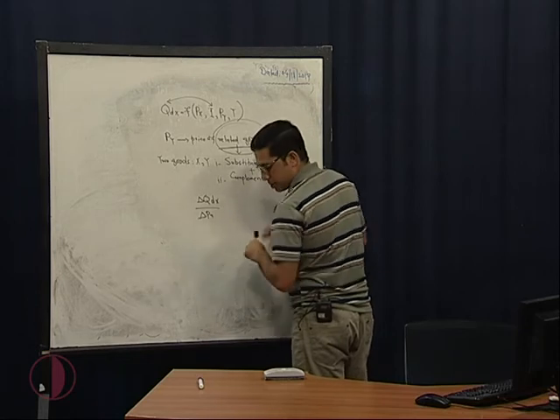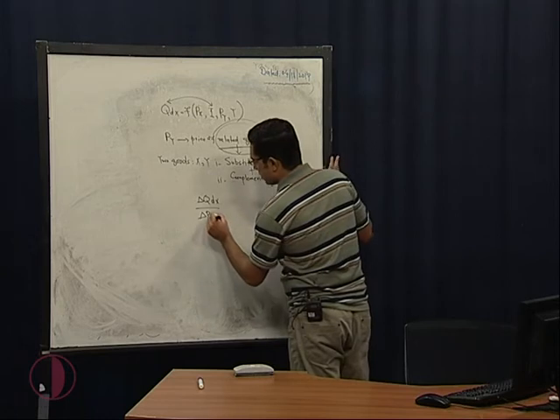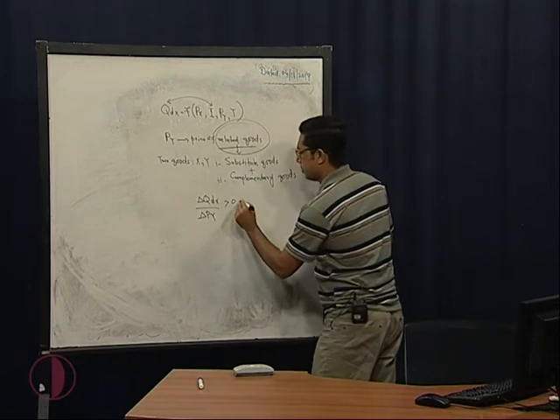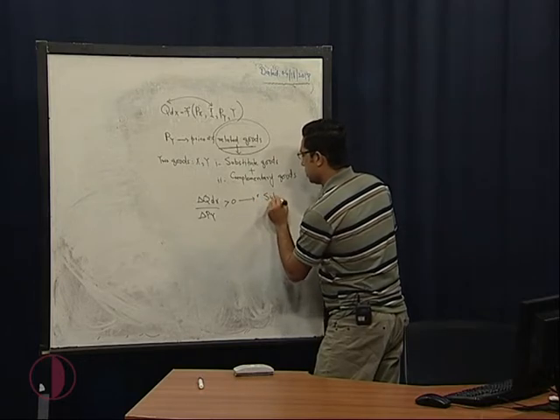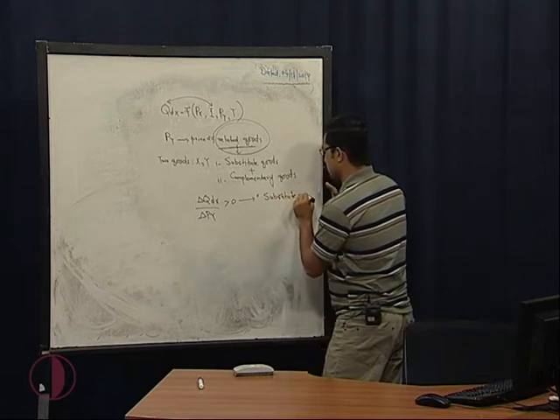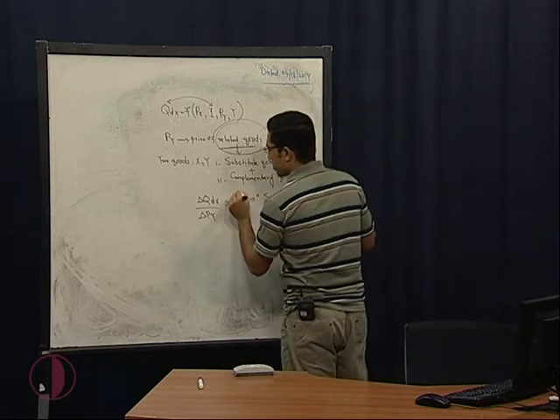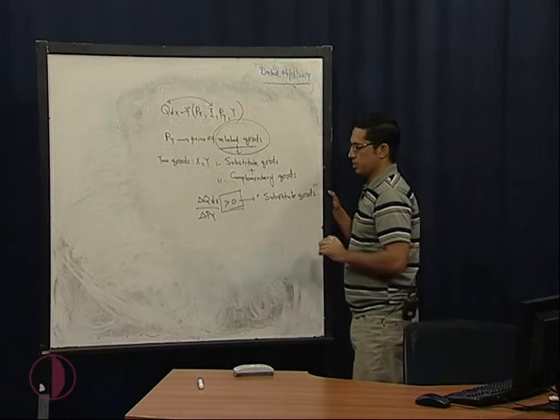price of related commodities, means price of Y, will be positive. For substitute goods this will be the case. For substitute goods the relationship will be positive.